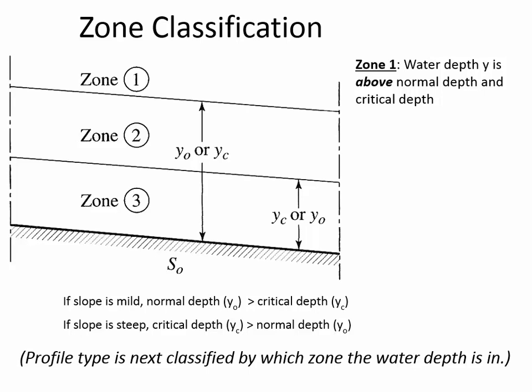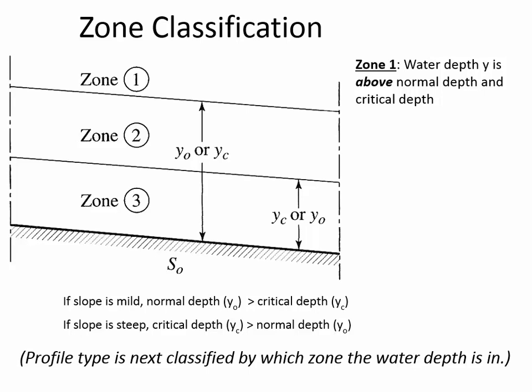And so here where it's on the screen saying y naught or yc, in the steep, it's the yc that's above the normal depth. And if it's mild, then that is when we have it the other way around, where on top of it is the normal depth, and then beneath is the critical depth. And here's zone 1, zone 2, zone 3. Okay.